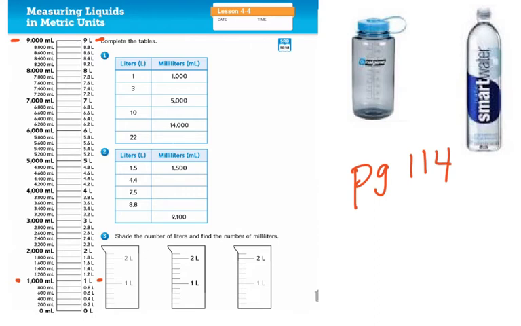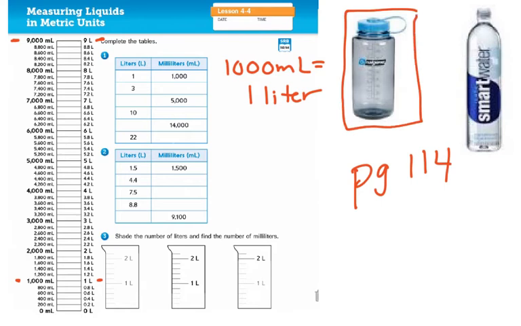Just like we did for centimeters to millimeters or centimeters to meters, we're going to convert by multiplying or dividing. So it takes 1,000 milliliters to equal 1 liter. Here's also a little visual. This big water bottle is a liter or 1,000 milliliters.